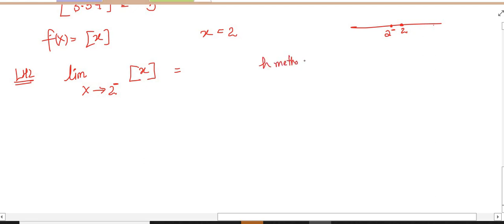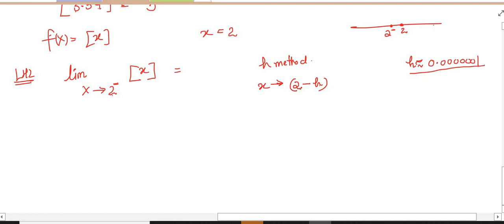In the h method, we simply write x is tending to 2 minus h. 2 negative means a little bit less than 2. h is just a representation for a very tiny number. It may be 0.000001. It is just a representation of a tiny number h.